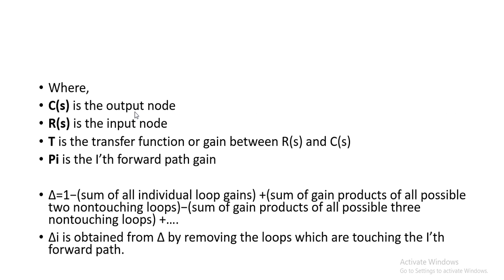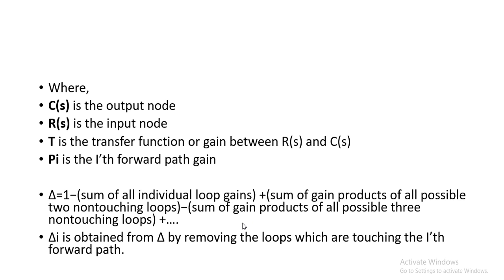So C(s) is the output node, R(s) is the input node, and T is the transfer function or gain between R(s) and C(s). Pi is the ith forward path gain that we have seen. So what do we mean by delta? The delta is equal to 1 minus the sum of all individual loop gains, plus the sum of gain products of all possible two non-touching loops, minus, there is a minus that you have to keep in mind, because the first sign is minus, the second is plus, the third will be minus, then the next will be plus, the next minus.